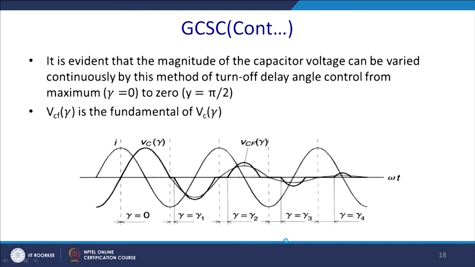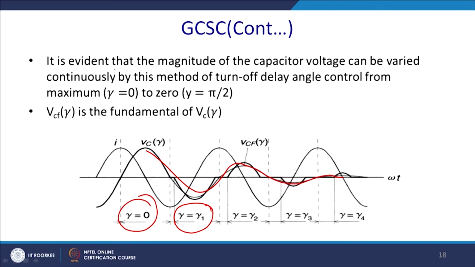This is a waveform for GCSC. You see this is the current and this is the VCC. It has not been triggered, and thereafter you change this angle to lambda 1 and lambda 2, and gradually this voltage will reduce, and ultimately you get the change in VCC as required.